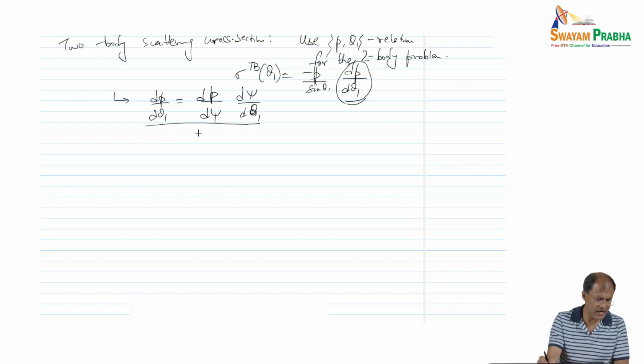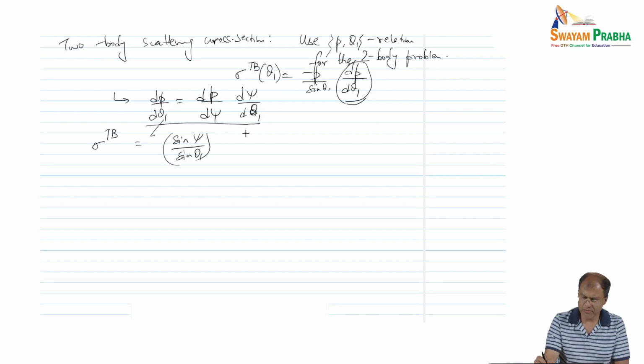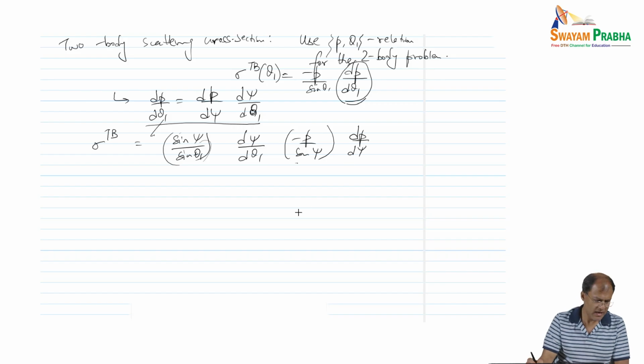Using this chain rule, we see that sigma two-body is nothing but sine psi by sine theta 1 times d psi d theta 1 times minus p by sine psi times dp d psi, right?